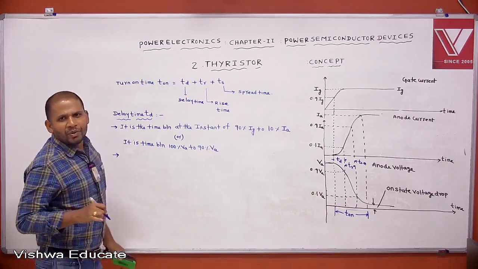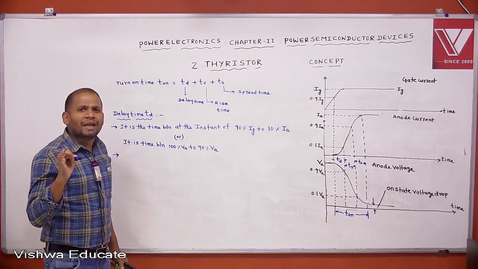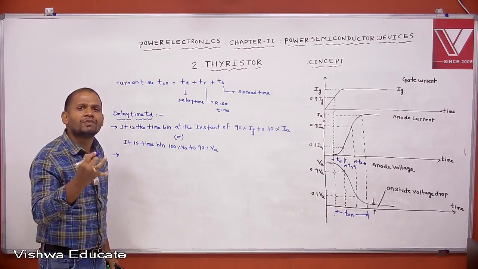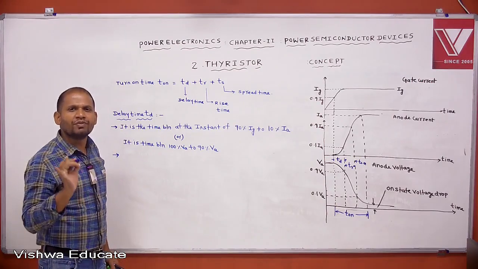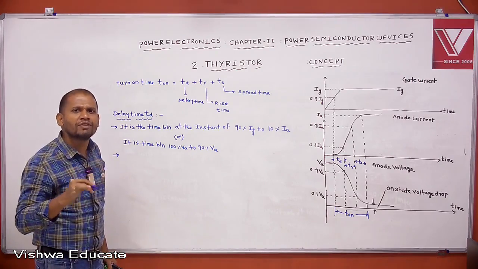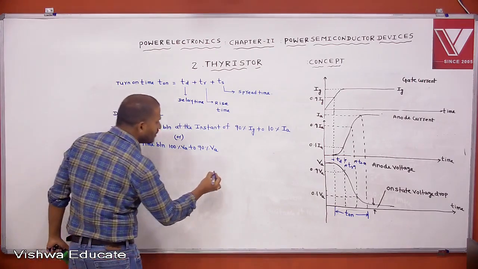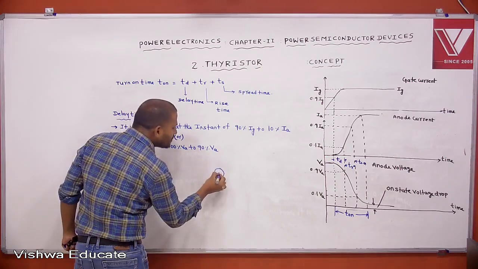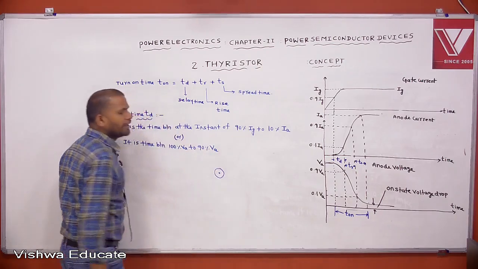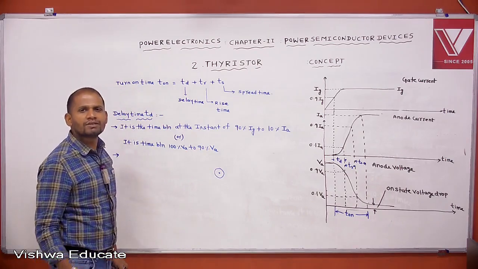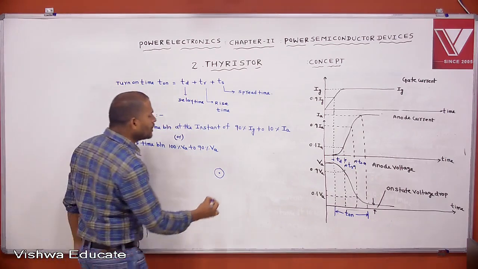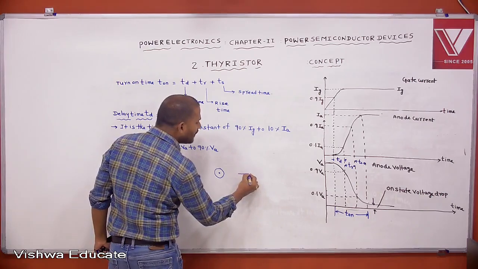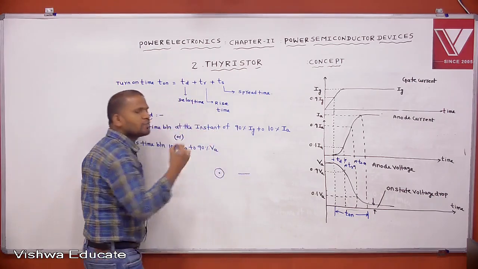Another point you remember: during delay time, the anode current is very small, associated with a small area. The current has just started in the SCR, so the current is very small, associated with a small area.